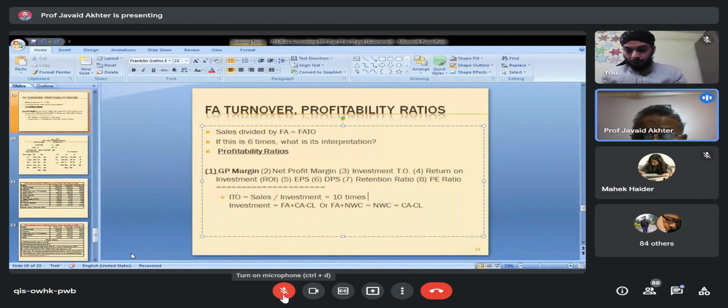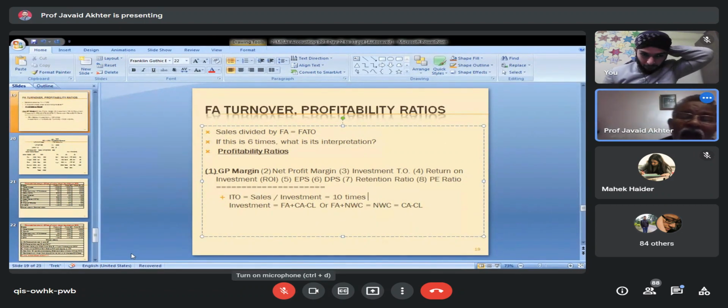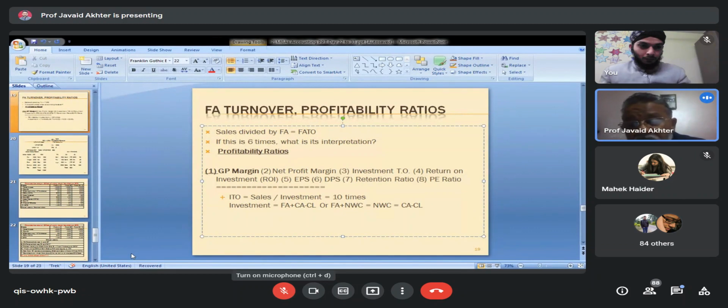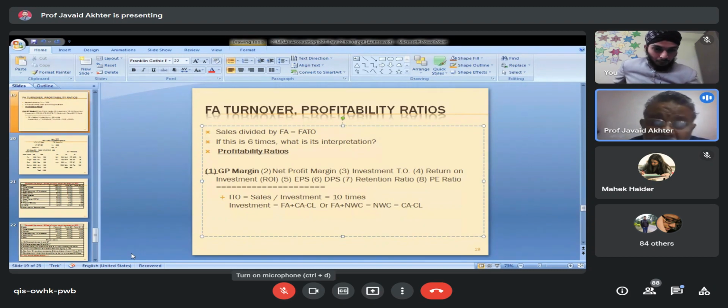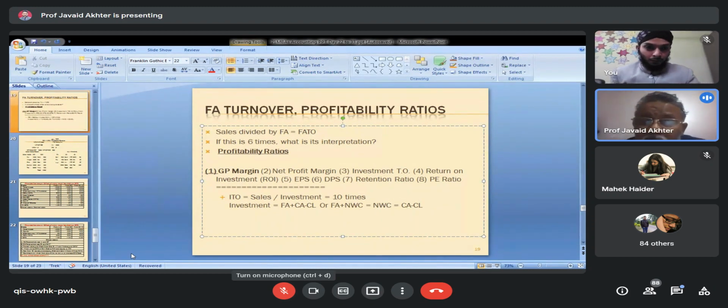If you invest 1 rupee in your fixed assets as well as current assets, after taking into consideration current liabilities, or alternatively, if you invest 1 rupee in fixed assets and in net working capital, you are able to generate 10 times return. You are making use of it 10 times. So higher the use you make, better it would be for the company.